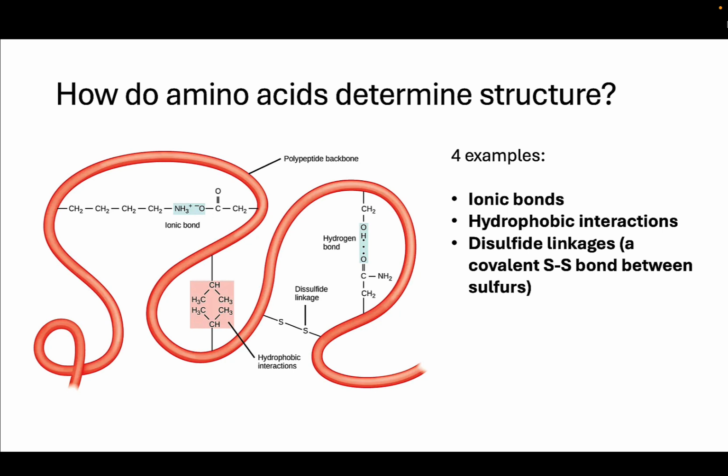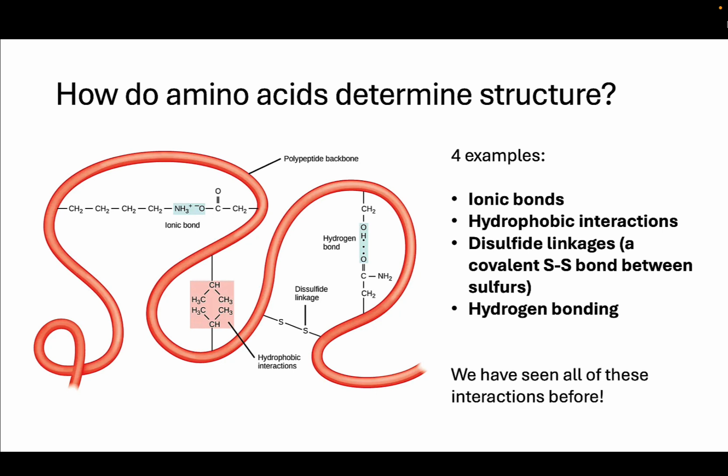We can see that only on this one specific amino acid that contains sulfur, cysteine, which we saw previously. This can actually create a covalent electron sharing bond between points on the polypeptide chain. And finally, hydrogen bonding exists as well. This is the force that attracts water to itself, and these are all things that we've seen before.